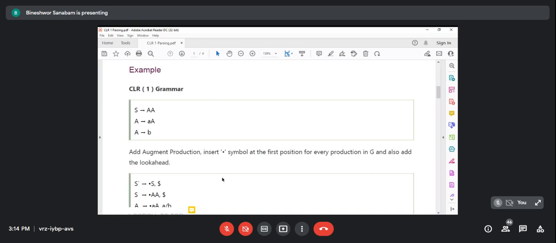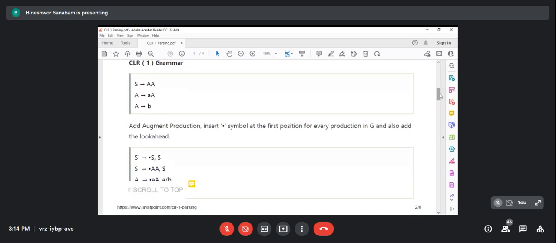Working with this, we have to insert our dot symbol. And as I mentioned, when we're talking about CLR parsing, we have to include a look ahead. The point we just saw is that wherever you find the augmented production, you have to include dollar as your look ahead symbol.